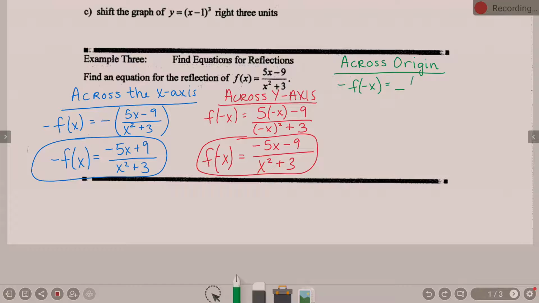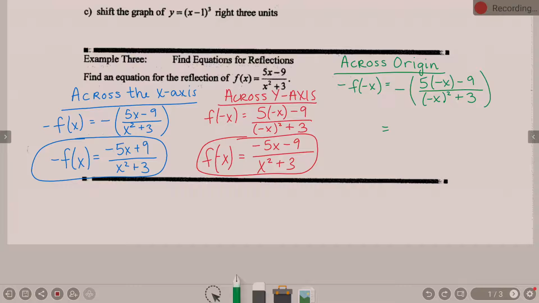So I'm going to say a negative times the whole fraction. And then I'm also going to say, okay, it's 5 times negative x minus 9 over negative x raised to the second plus 3. So I've just used both of the same tricks we've used. I've had the negative out front, ready to multiply in, and I have the negative x that we are plugging in here.